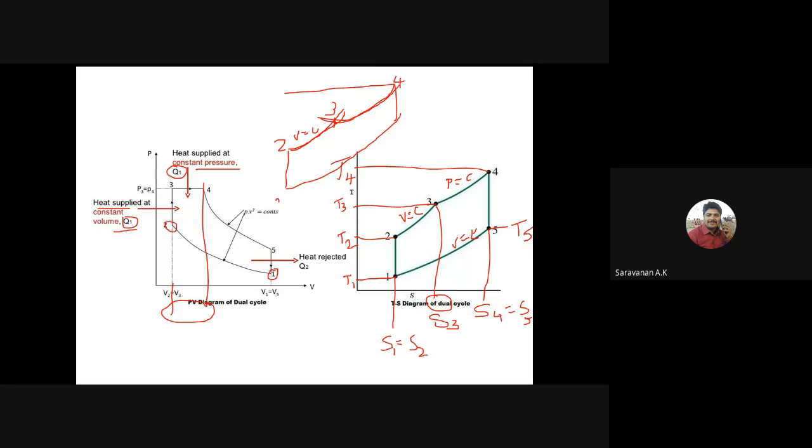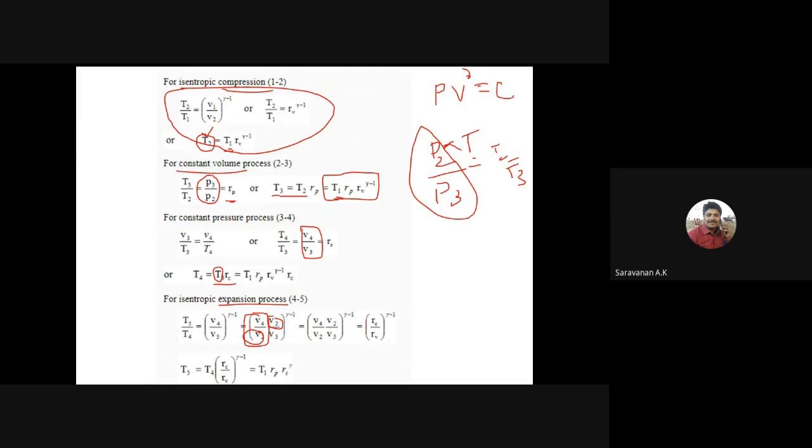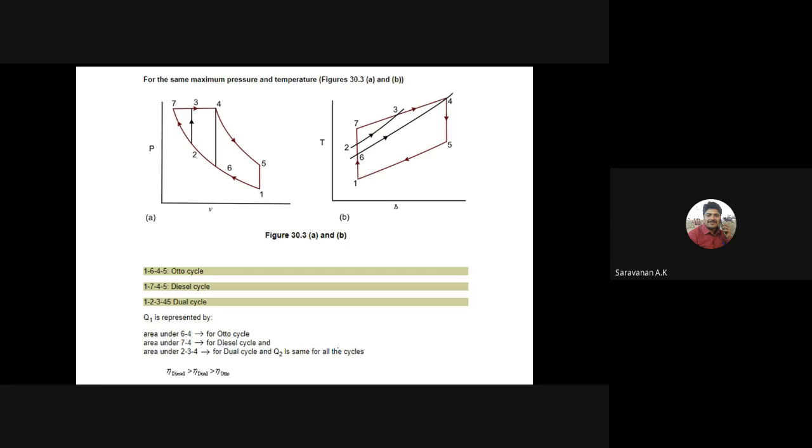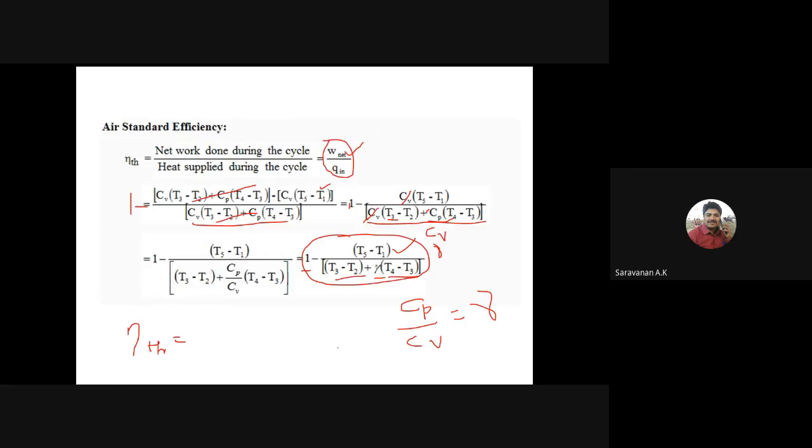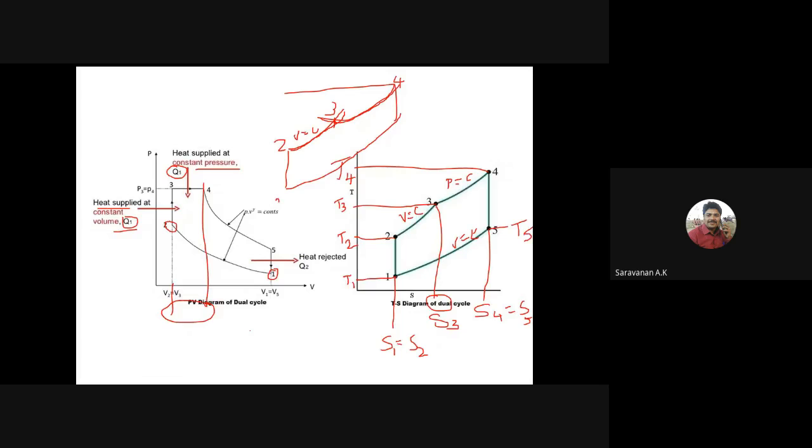So V4 by V2 is called the cutoff ratio, and then V2 by V5. Here V2 by V5 is the inverse of the compression ratio.